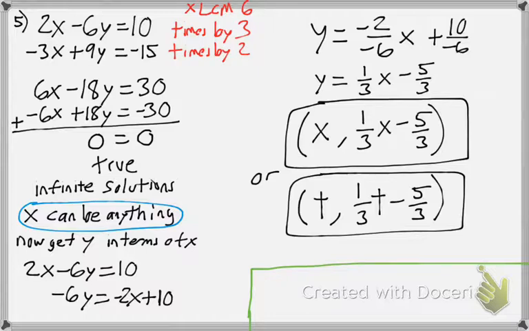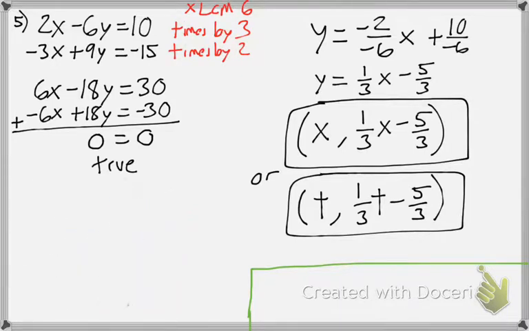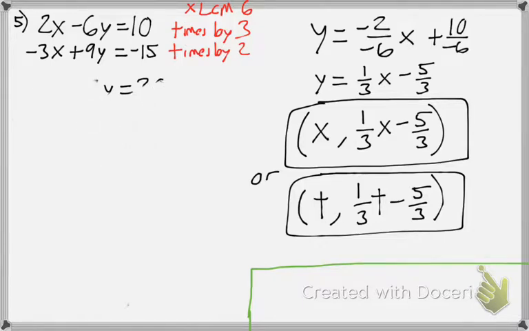Now I still want to talk a little bit more about how this is infinitely many solutions, meaning there are infinitely many solutions, but they need to be of this form. So let's say I pick 4.